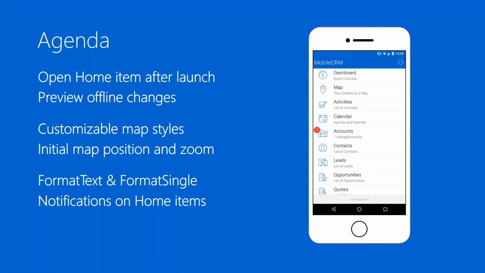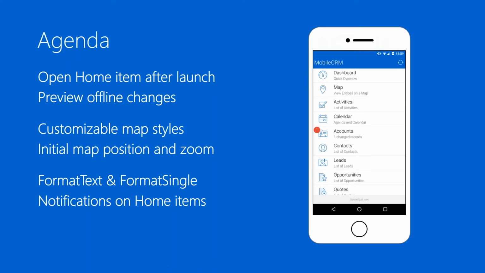So this is what I will go through. The first thing is opening home item after launch, then previewing offline changes. These are mostly related to the user experience of the mobile application. Then we have two new features around the map area, so new styles that you can add on top of the map, which is a very interesting feature, and setting up initial position and zoom for the existing maps.